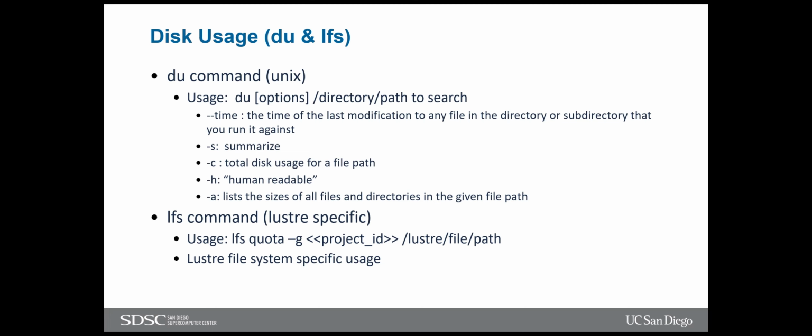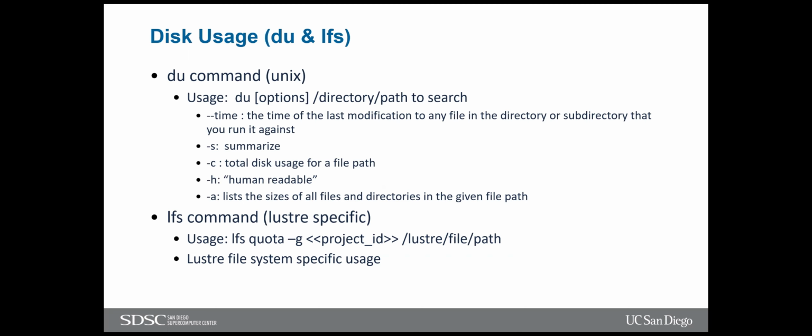What's going wrong? With this, you can see how much usage you're using. So this comes back to the policies of the system. On Expanse, we have a quota of 100 gig. At other places, we have different quotas, but this is a quick way to find out if you're running up against any quotas.